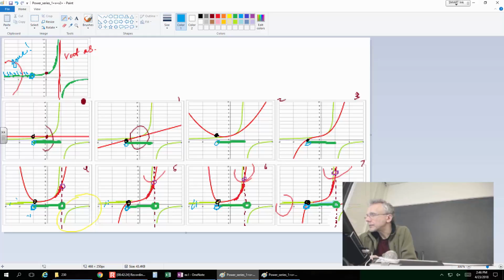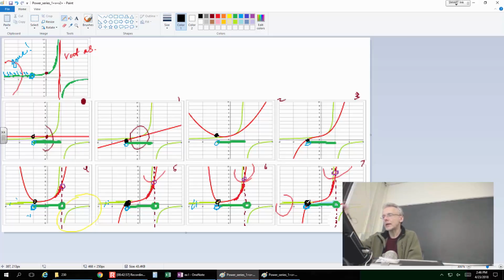The scaling is messed up here, but if you look at the intersections, you can already see a bunch of zeros. This is 1, 0. This is the other 0. This one is 0 if you look carefully, and that one is 0 too.